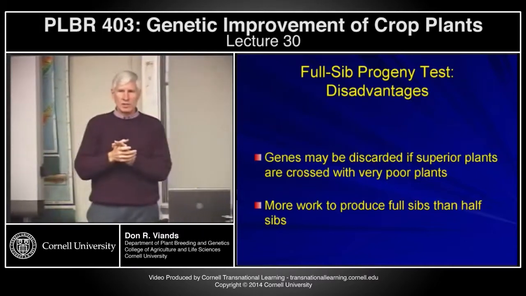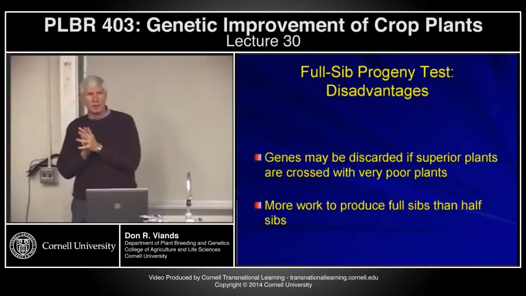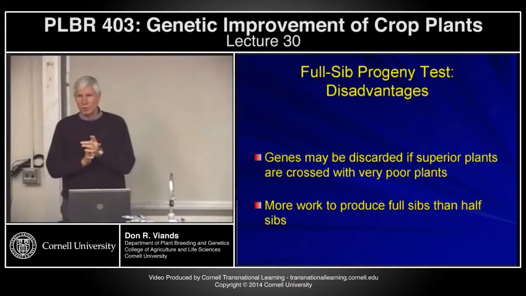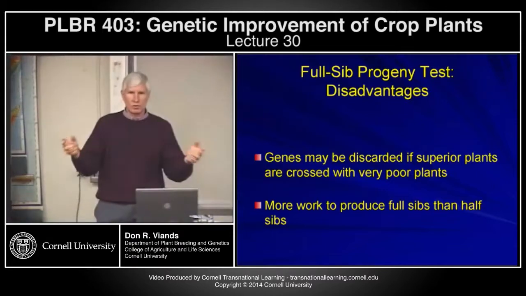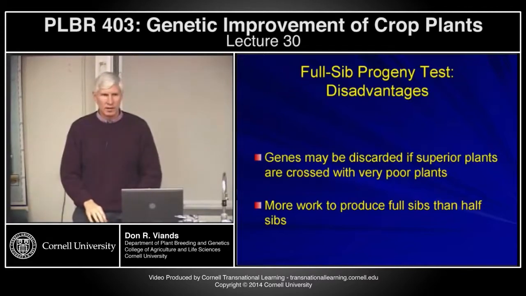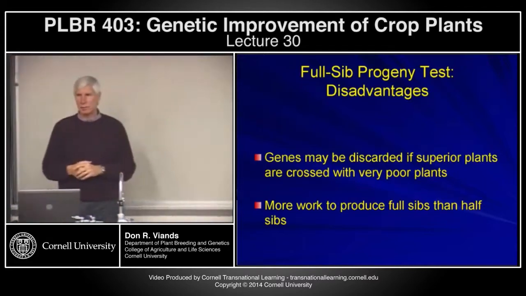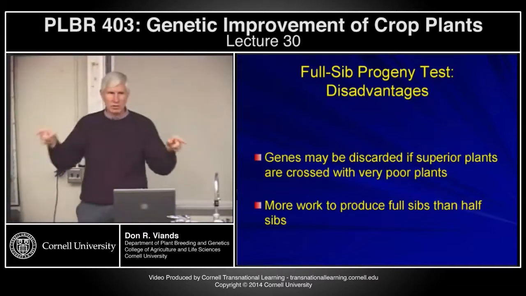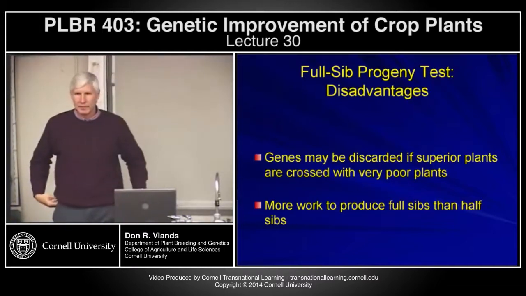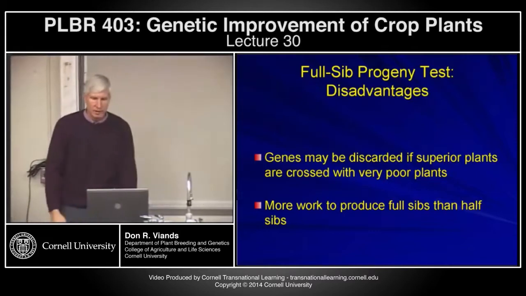For that reason, what some people might do is a little bit of phenotypic selection to select out the parent plants that you're going to do your full-sib crosses with. But even at that, there can be some occasions where you could be discarding some superior plants just because one by chance was crossed to a really poor plant to give you a mediocre progeny.